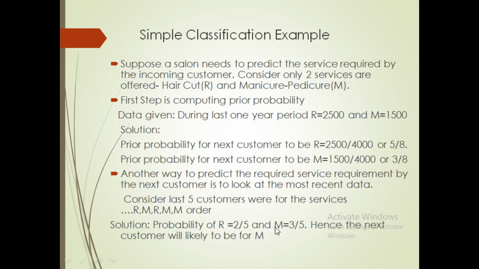And probability of M is given by 3 divided by 5, because in the denominator we have 5 since we are considering the last 5 customers, and the numerator term is 3 because M is repeated 3 times. When we compare these two probabilities, we can say that the next customer will be coming for M.